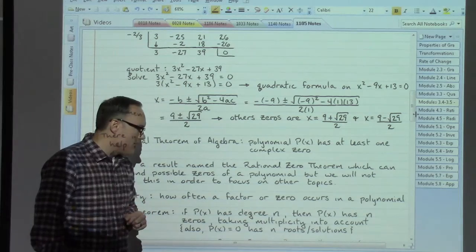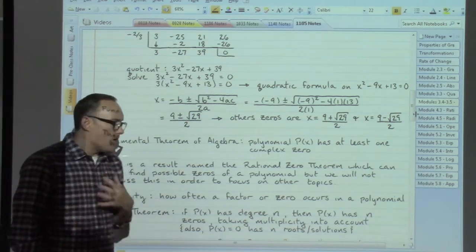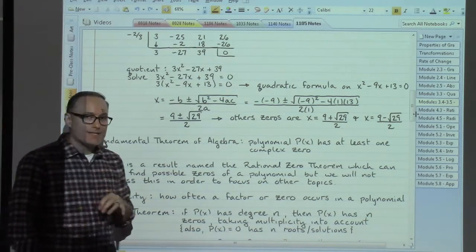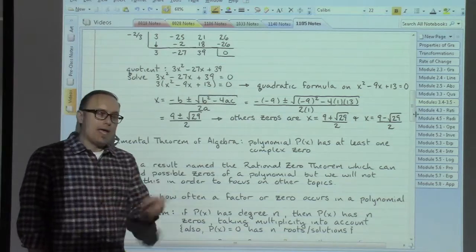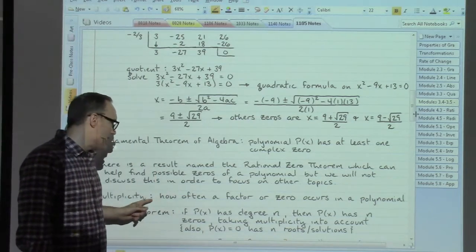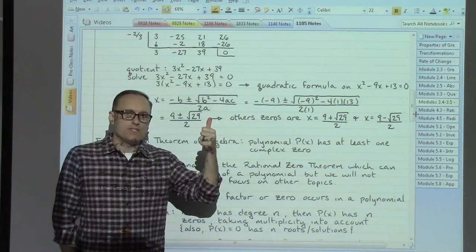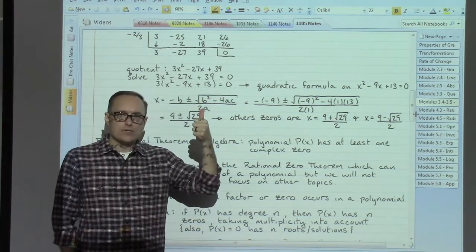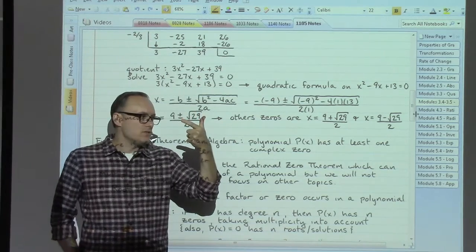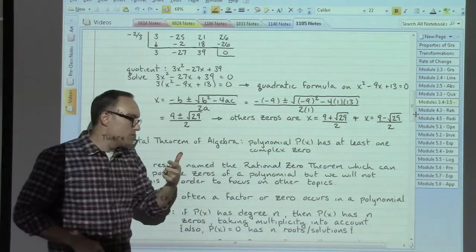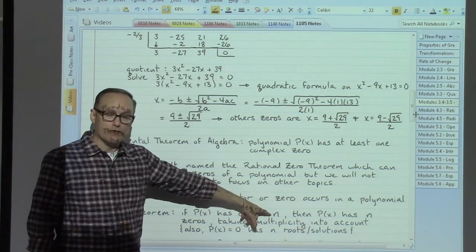So if we've got a polynomial that has a degree n, then our polynomial has n total zeros, and that's taking into account any of the multiplicity stuff that's happening. So if I've got a zero that appears not just once, but twice, I count both of those towards adding up to the degree.